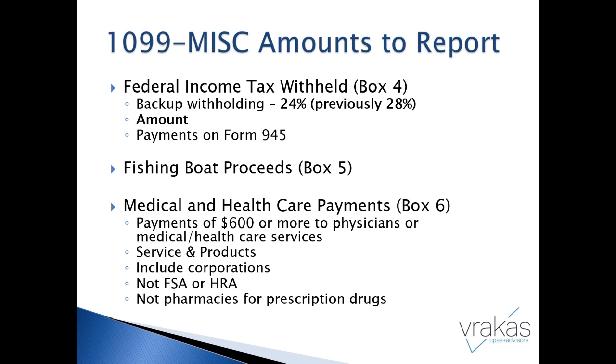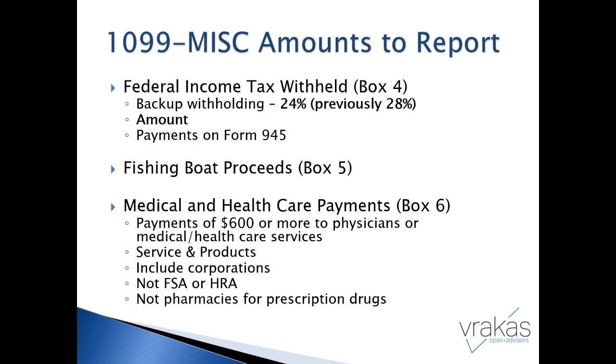And it doesn't matter the dollar amount. It could have been $200 that the recipient's invoice was for, and they didn't give you an ID number. You did backup withholding on the next invoice at 24%. You withheld that money from their payment, and then you have to report this.